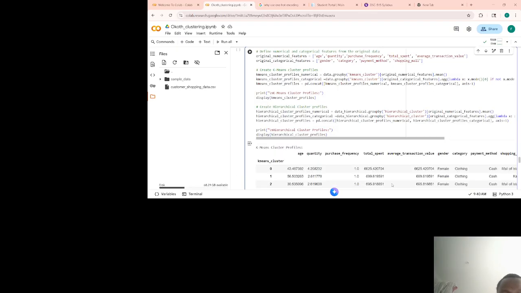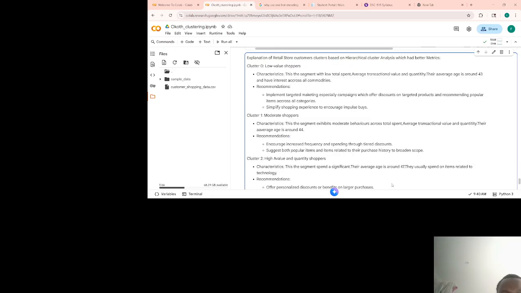And after that, we visualized these trends and tried to come up with the characteristics of each cluster, whereby the low cluster majorly had a low total spent, and under this we recommend implementing targeted marketing, especially discount offers targeting some specific product.